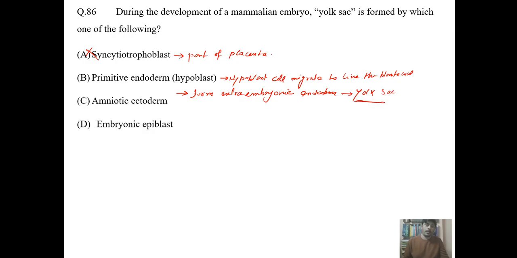So in mammals, the yolk sac is derived from the primitive endoderm or hypoblast. So this is the absolutely correct option.